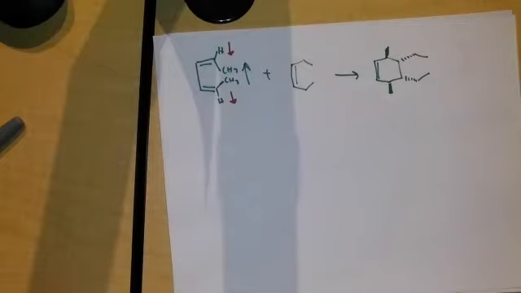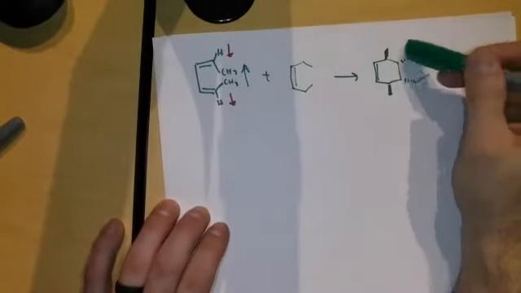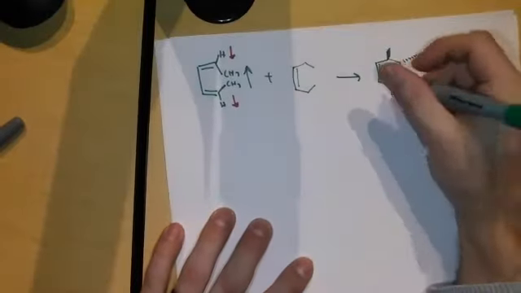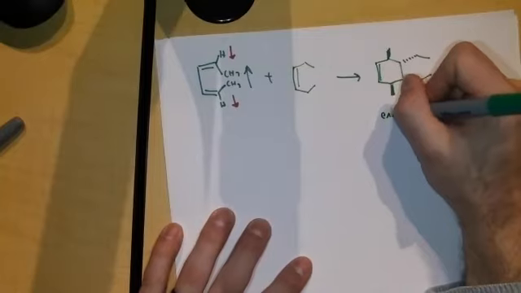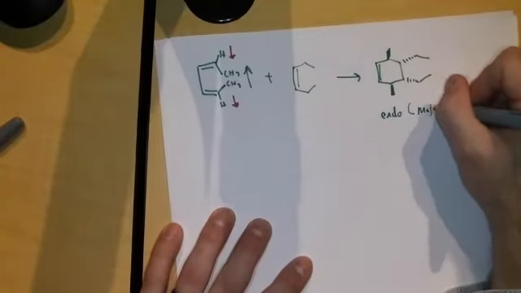The reason why these two ethyl groups are pointing downward has to do with the trajectory in which this reaction occurs. This is going to be referred to as the endo product, which also happens to be the major product.